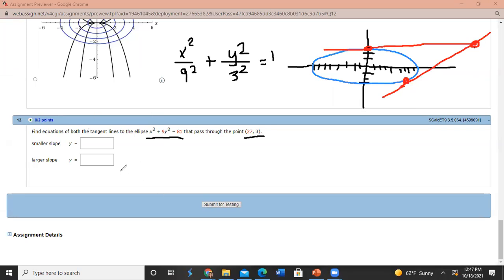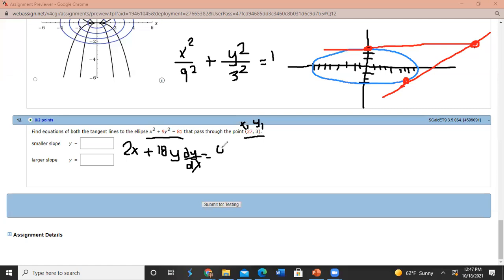Okay, all right, so first things first, let's start with what we do know. I can call this, even though it's not going to be our equation of the line, x1, y1. This is x and y, right? And this is my equation of the ellipse. So what I could do is use implicit differentiation to find the derivative of that lovely ellipse.